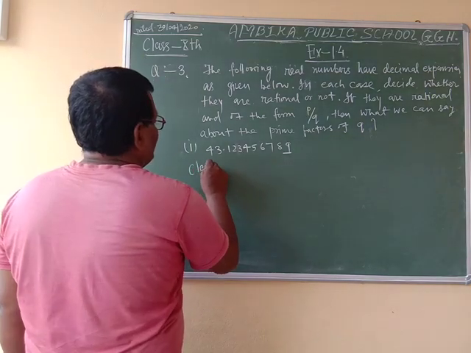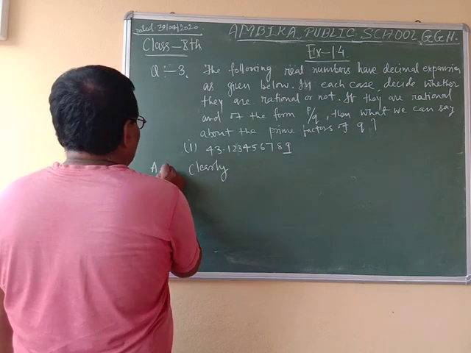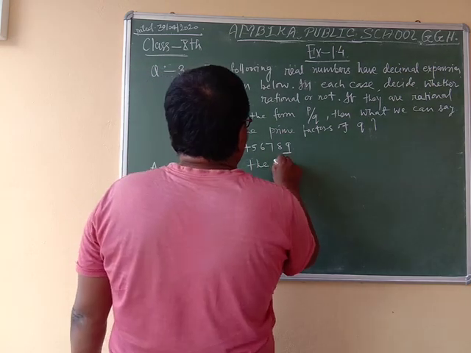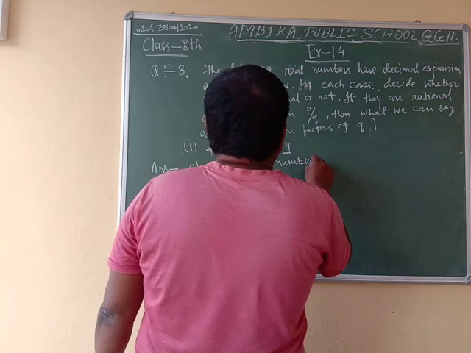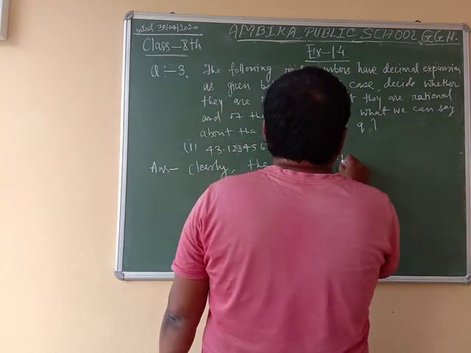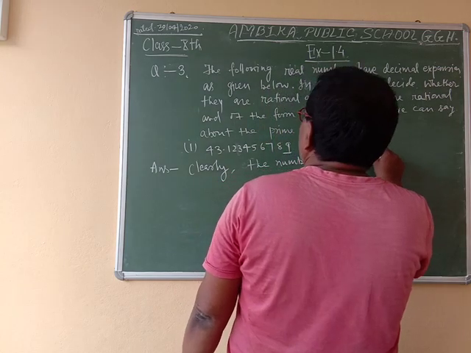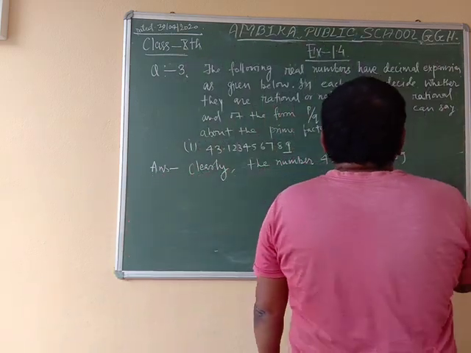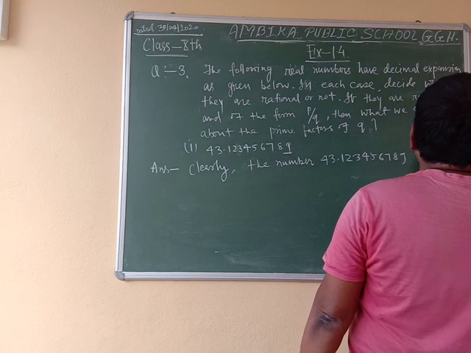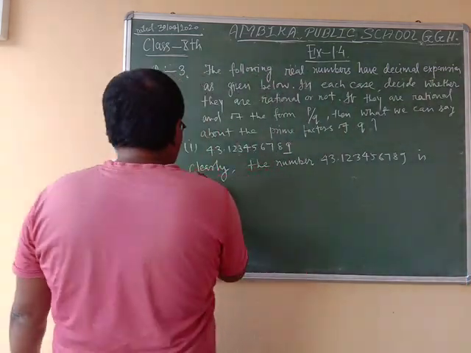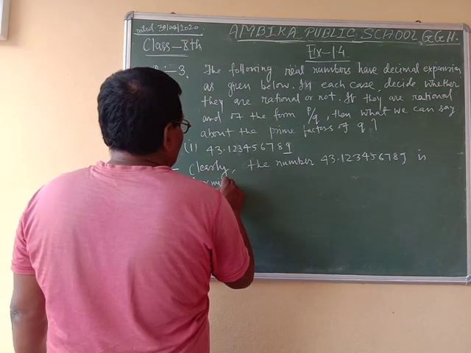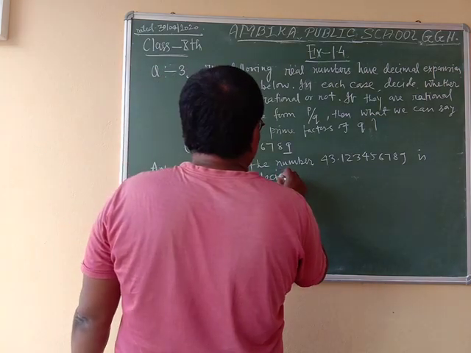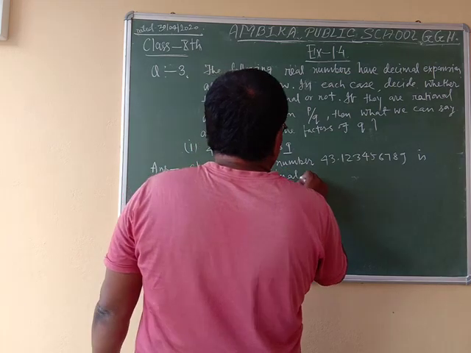Clearly the number 43.123456789 is a terminating decimal expansion.